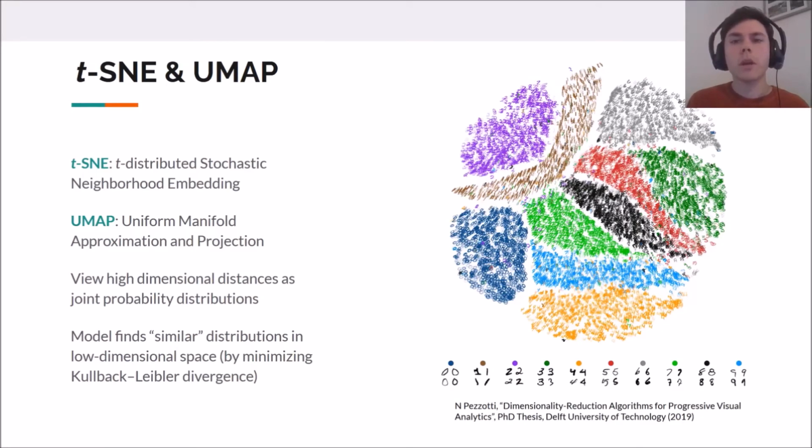Then you use this graph to greatly reduce the number of distances that you have to calculate. Then you also apply a number of tricks. You treat those distances not directly, but you convert them into joint probability distributions. Then you try to find again low-dimensional representations that have similar joint probabilities of neighborhood between these points.